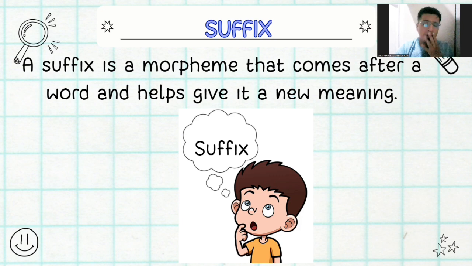Okay, on the other hand, in the next part of the lesson, we have the suffixes. These are morphemes, small units of sound that are added after a word. Just like prefixes, they can change the meaning of words.